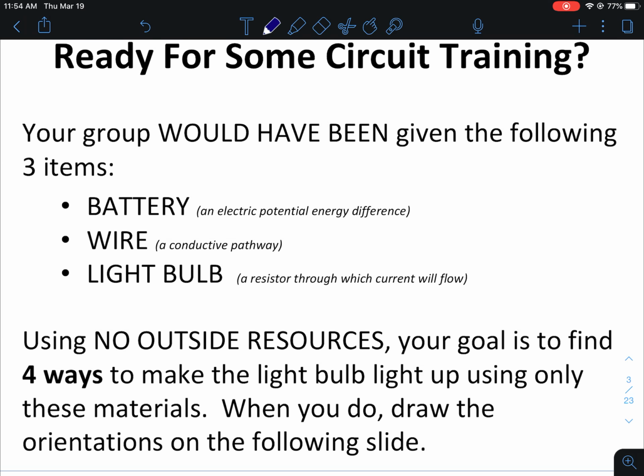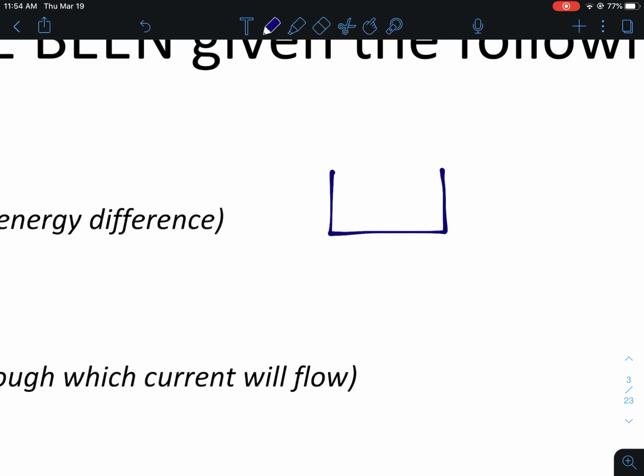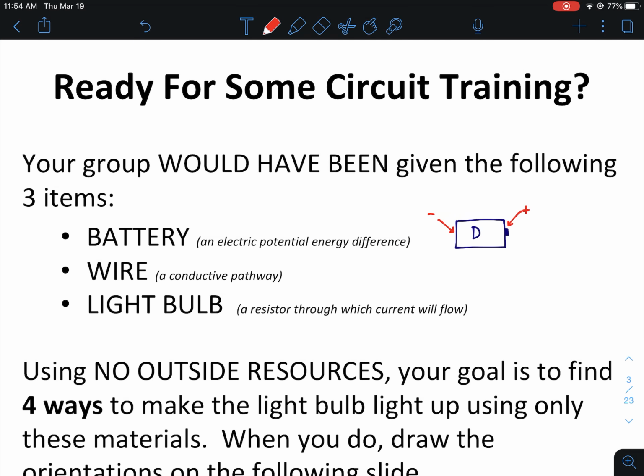If we were in class, we would give you a battery. So if you just picture a typical D-cell battery, that battery would have what's called the positive terminal and the negative terminal on it. If you ever put batteries in a device, you know what that means. We would give you a wire, right?